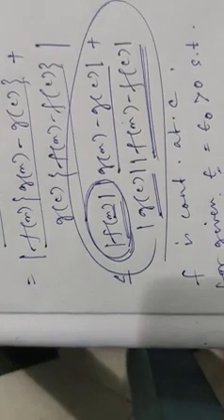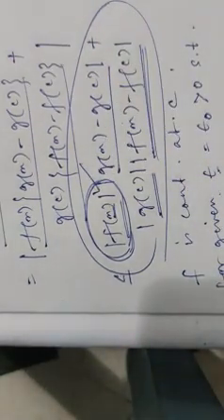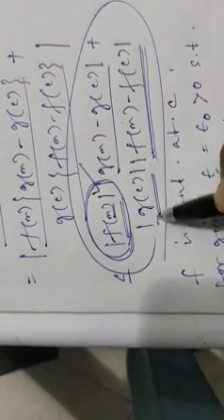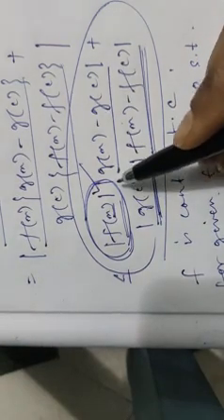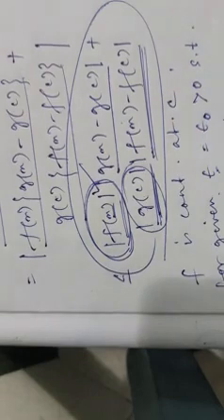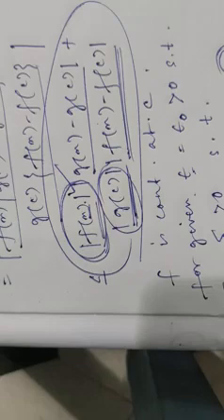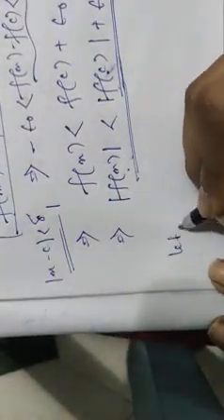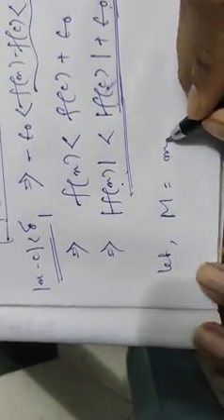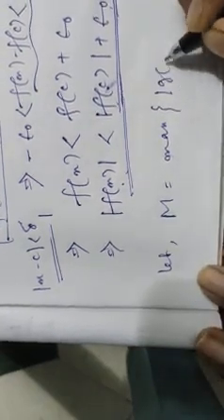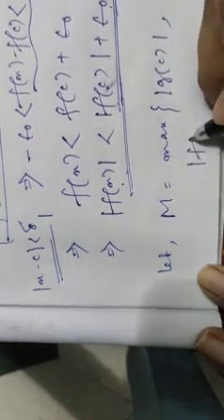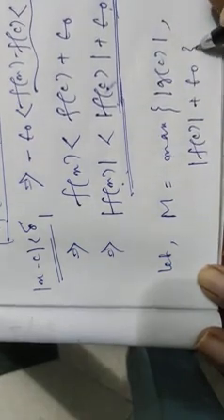Now check the last line of this part. We have to prove this whole thing is less than epsilon. For this part we get the upper bound mod f(c) plus epsilon naught, and for this part, g(c), this is also a constant. So we are choosing the maximum of mod g(c) and the upper bound of mod f(x), and we can use this as capital M over this inequality. So let capital M equal the maximum of mod g(c) and modulus of f(c) plus epsilon naught.